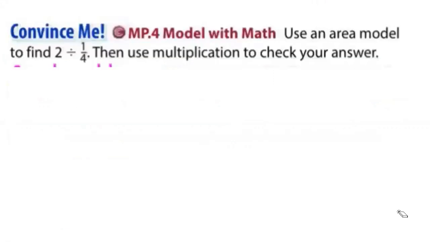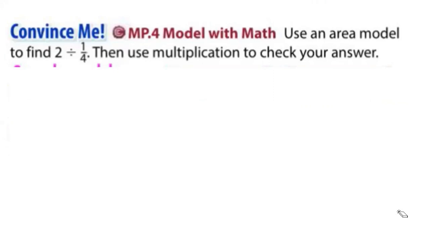Convince me. Use an area model to find 2 divided by 1 quarter, then use multiplication to check your answer. As we mentioned in the previous lesson, the drawn model is drawn according to the whole number given.